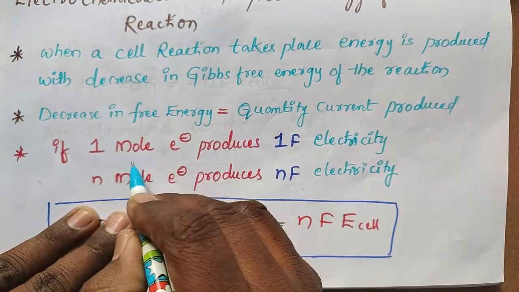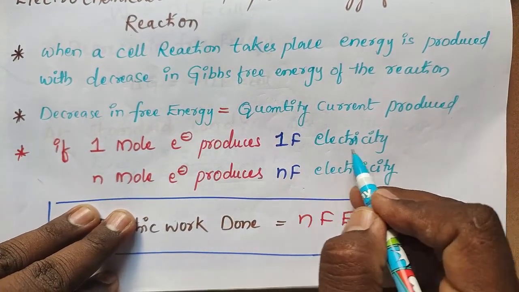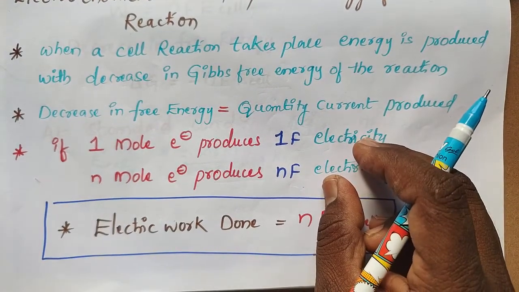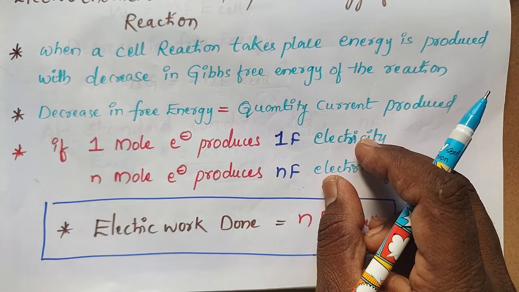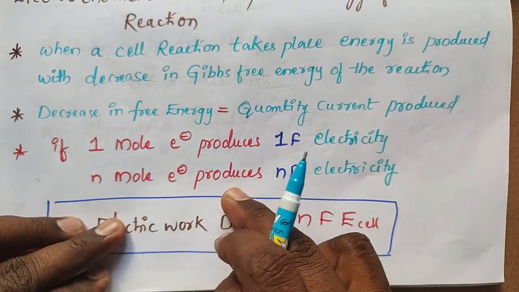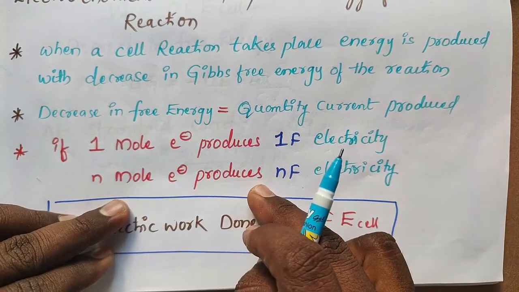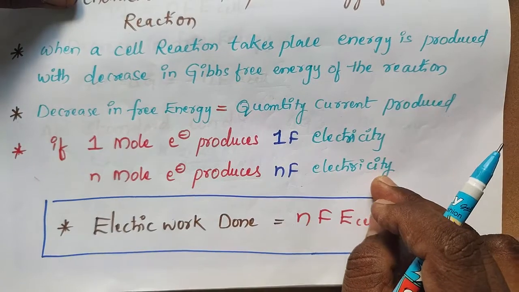If 1 mole of electrons is produced during the chemical reaction, that is equal to 1 Faraday of electricity. If n moles of electrons are produced, that is equal to n Faraday of electricity. Do you understand this?